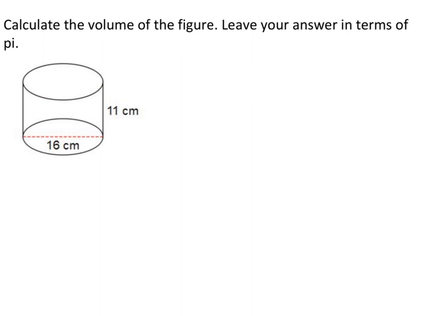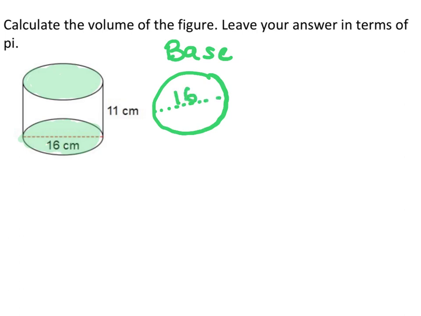In the next scenario, if I were to ask to calculate the volume of this cylinder, I first have to identify my bases, which are both circles. And then I first have to find the area of the base. So if I redraw the base, it's a circle with a diameter of 16.